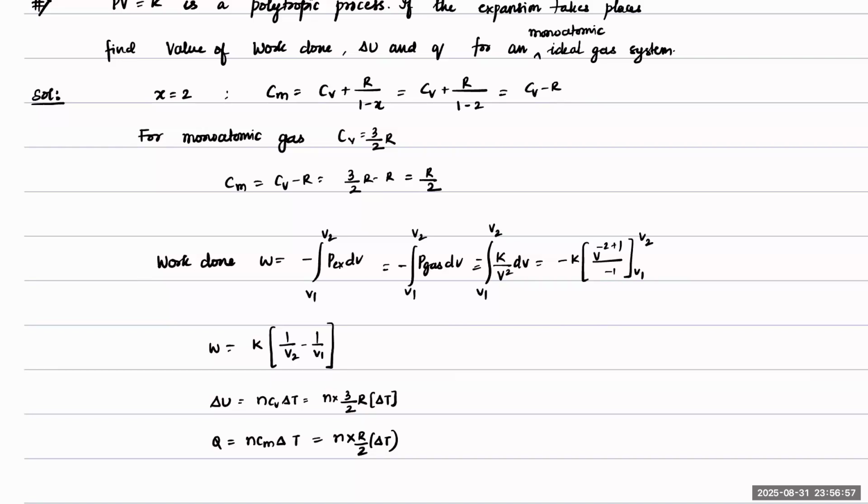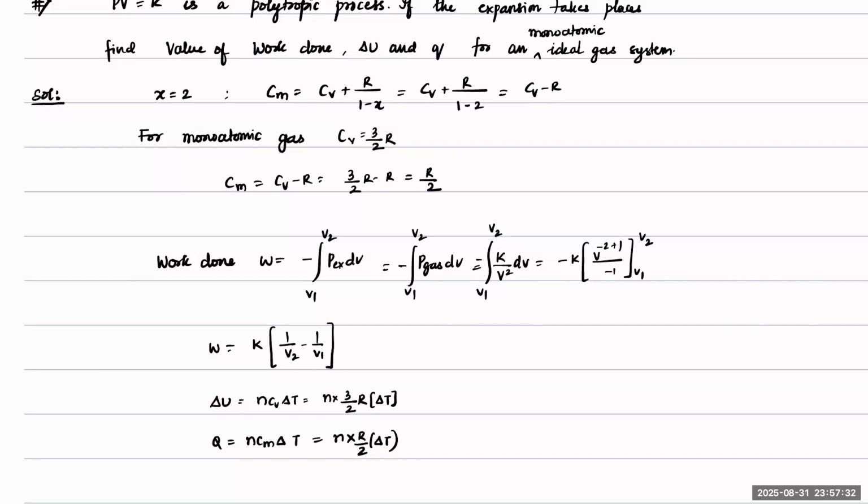And we know that T V raised to the power of x minus 1 is equal to constant for a polytropic process. Now, since x is equal to 2, I can say T V raised to the power of 1 is equal to constant. Now notice that T is inversely proportional to volume, isn't it? So if volume increases, what happens to the temperature here? It should decrease, right? Here x, we got it as 2.